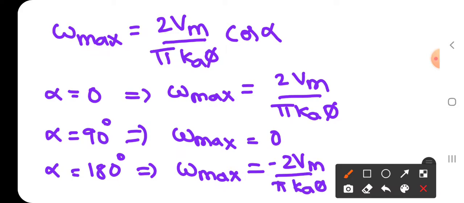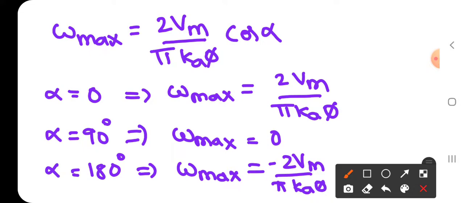Yes, from this what we can say is, when I change the firing angle alpha from 0 to 90 degrees, the speed torque characteristics come down, that is from top to bottom. It moves towards the origin. But when I change the firing angle alpha from 90 to 180 degrees, it moves away from the origin in the reverse direction.